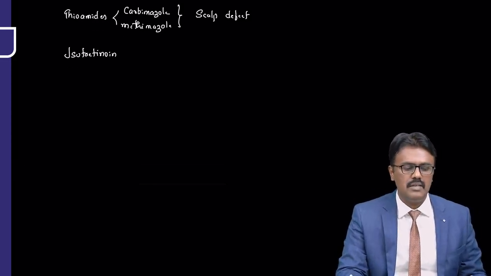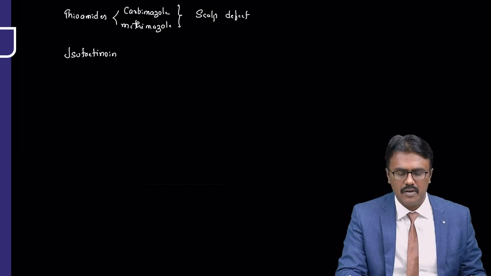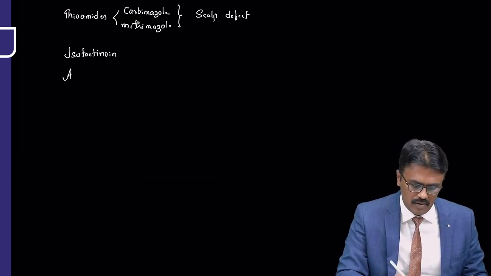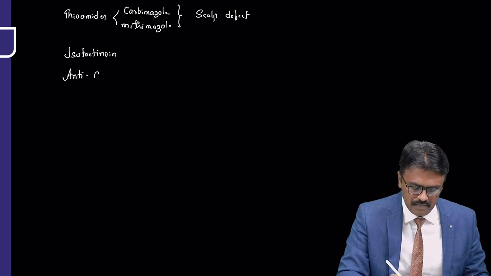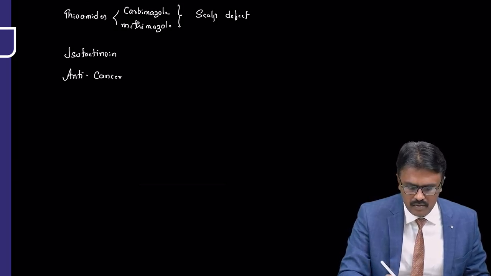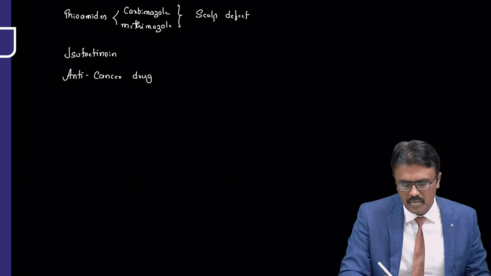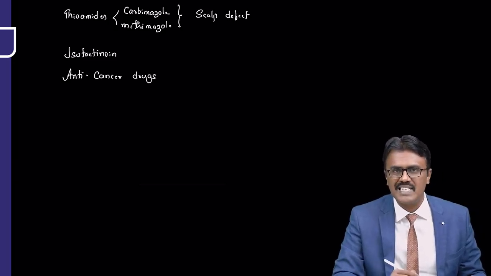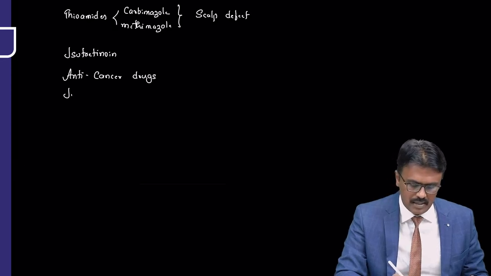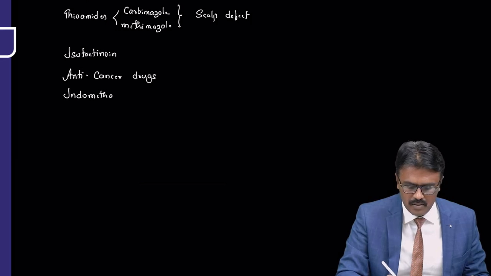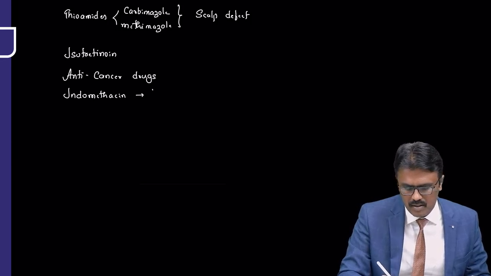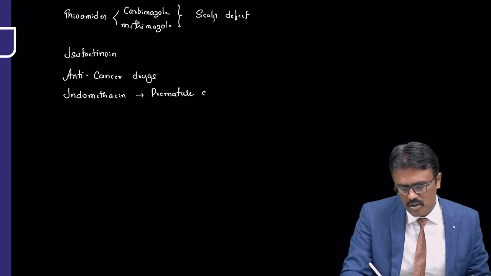So these are the major important teratogenic drugs, and also you can include anti-cancer drugs. Obviously, anti-cancer drugs should never be given to pregnant women because they stop the multiplication of cells. NSAIDs like indomethacin. What can indomethacin do? It can cause premature closure of patent ductus arteriosus.